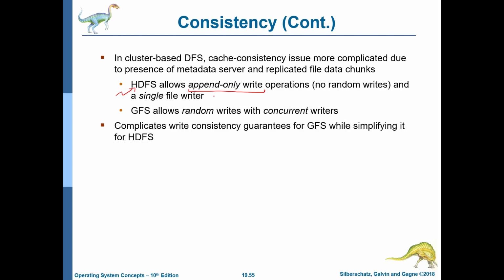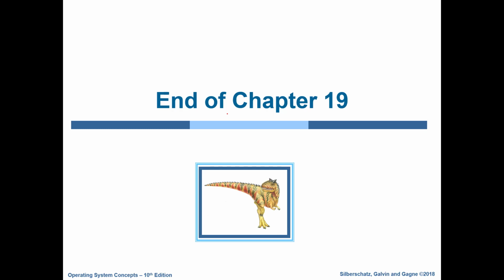These are the unique limitations that it puts. The other is the Google File System, which does allow random writes with concurrent writers. This complicates the write consistency guarantees for GFS as opposed to HDFS, which is way simpler. Of course, if we want to provide a stronger consistency model and more features, for example random writes with concurrent writers, then performance takes a hit or complexity takes a hit.